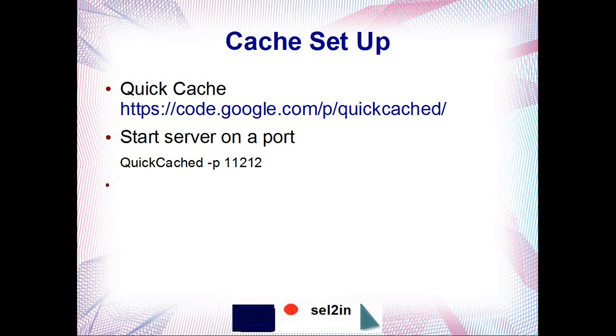In the download pack it has a SH file and a BAT file to run on Windows or Linux, depending on what you have available. And this is the short command you would give on the command prompt to get it running on port number 11212. Generally, the defaults we use are 11211 and 11212.